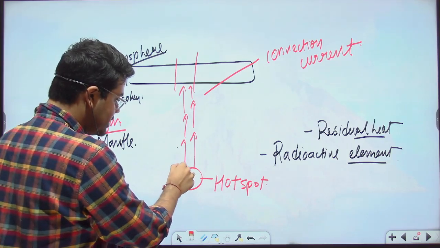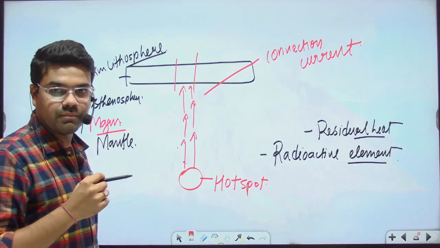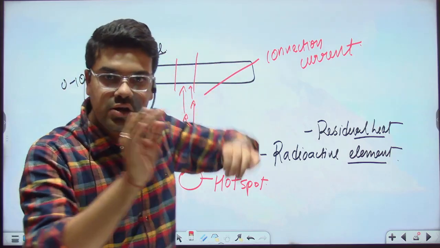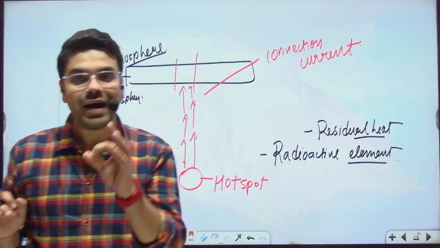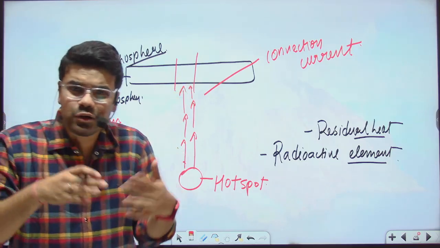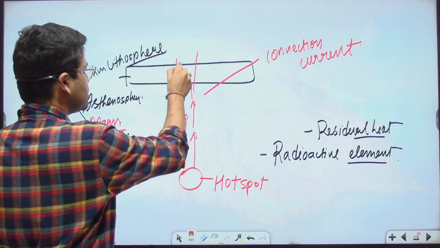Since the lithosphere is made up of solid rock structure, it acts as a bad conductor of heat. Therefore only 10 to 20% of magma comes out of this part.